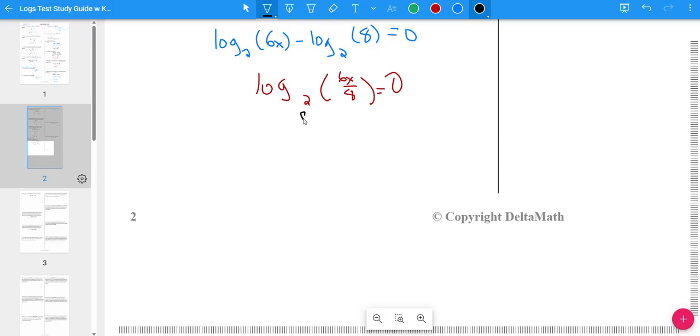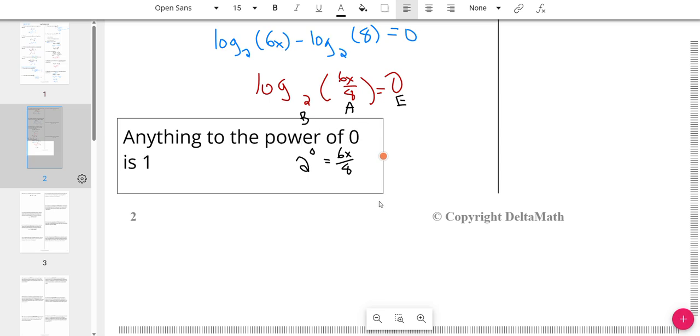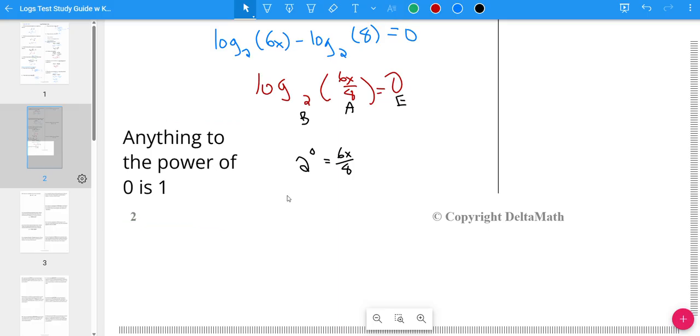So let's rewrite with BAE. My base is 2, my exponent is 0, and my answer is 6x over 8. Okay. Remember, anything to the power of 0 is 1. Anything to the 0 power is 1.